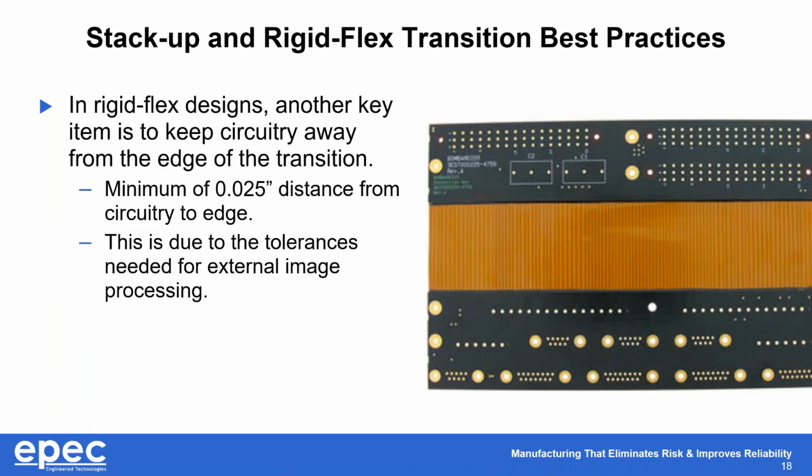It allows for tolerances that may be needed whenever you're imaging and doing your external image processing with dry film and things of that nature. And so you'll see on this design, for instance, this is a good example of both, where they've kept their vias away from the edge. There's no exposed circuitry that you can see against that edge that could have caused a concern or could have made it difficult to manufacture.